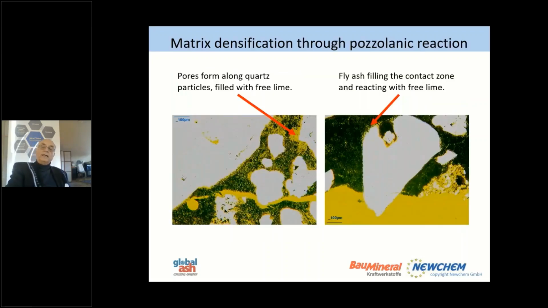Now we analyzed what can be done with the Microsit, and here we have a slice on the left side of a standard concrete, and you can see the yellow is the pores you get in normal concrete.